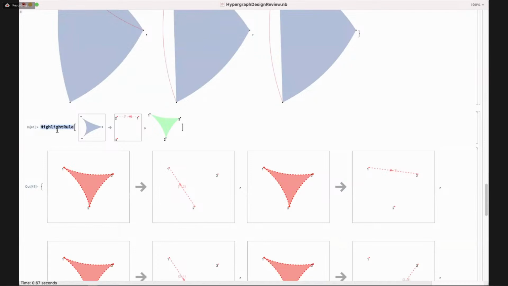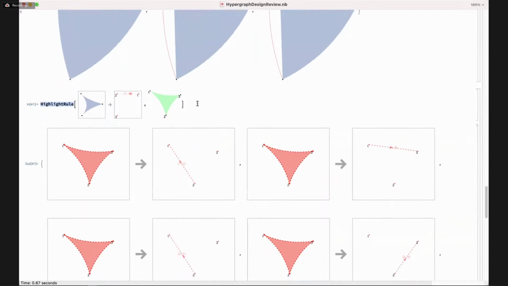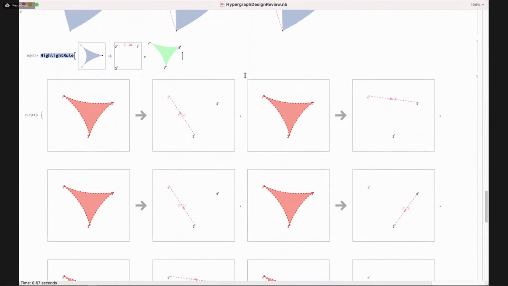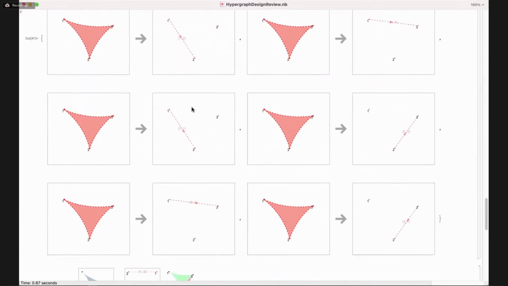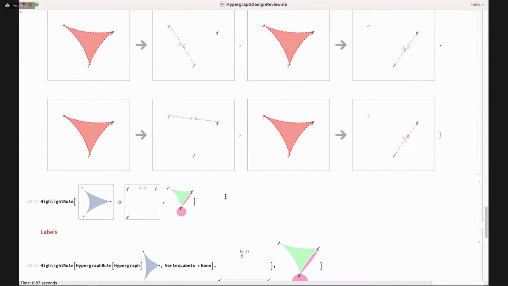There's a highlight rule function in the Paclet that also shows what happened during the rewriting in a more explicit way, similar to how we had in the set replace function in the Wolfram model. So what edge was matched and what was created, annotated with some red dashed things around. Well, it's not as exciting in this case because everything got red.